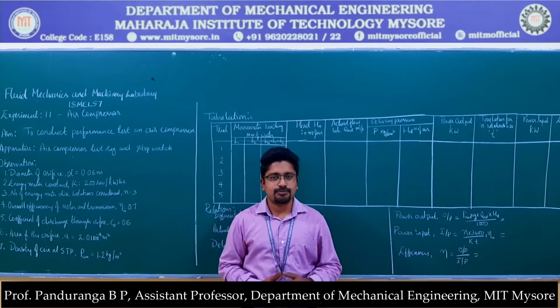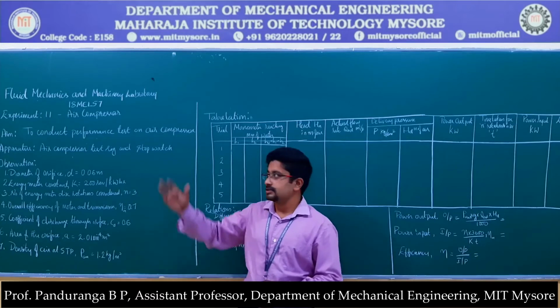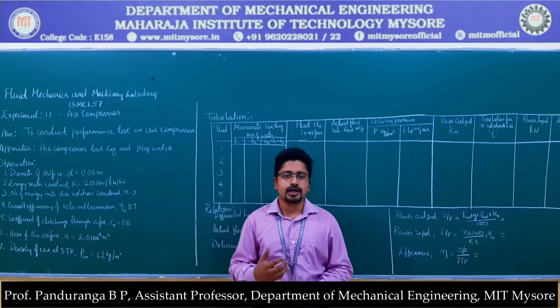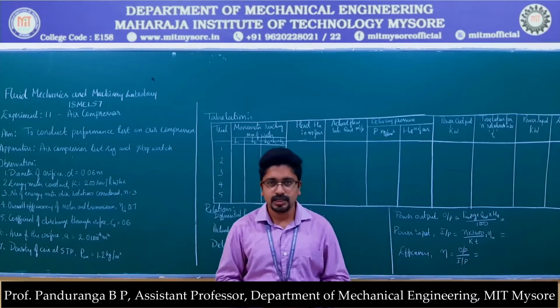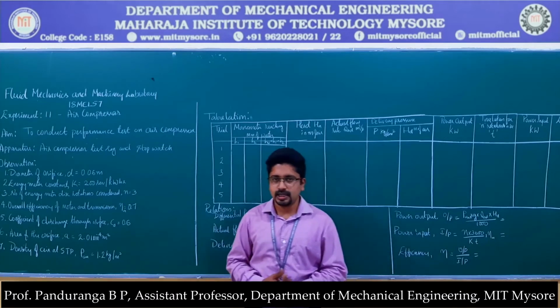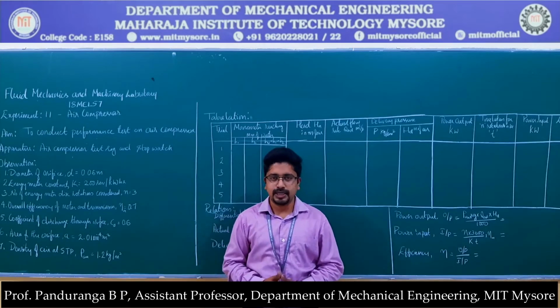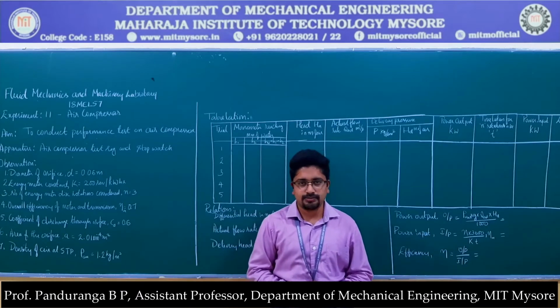The compression by positive displacement machine such as air compressor is more efficient when compared to compression by turbo machines. So in most applications, it is easier to use the reciprocating air compressor. There are many applications where we go for it.